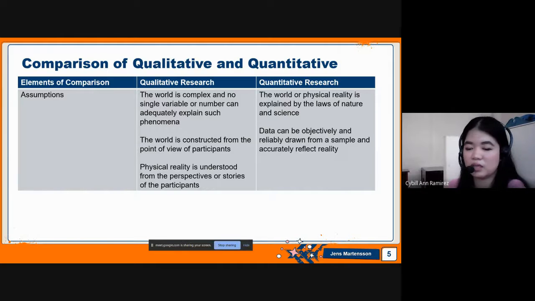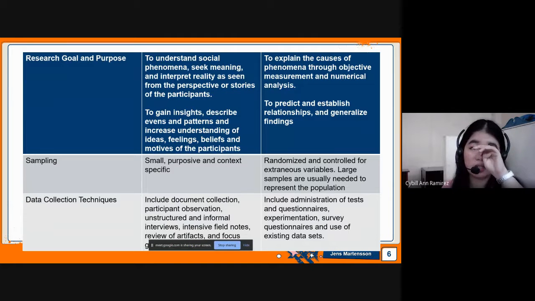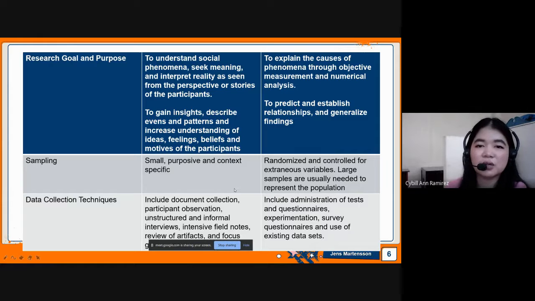Research goal and purpose: qualitative aims to understand social phenomena, seek meaning, and interpret reality as seen from the perspective of participants, to gain insights, describe events and patterns, and increase understanding of ideas, feelings, beliefs, and motives of the participants. So you're very open to the different experiences.